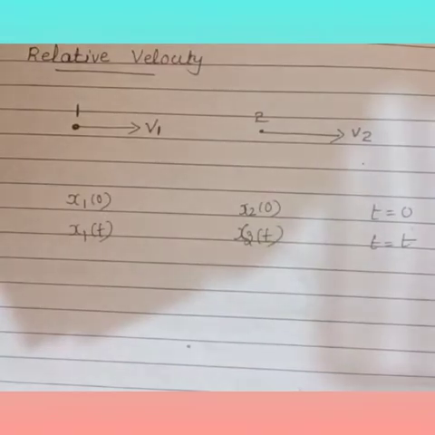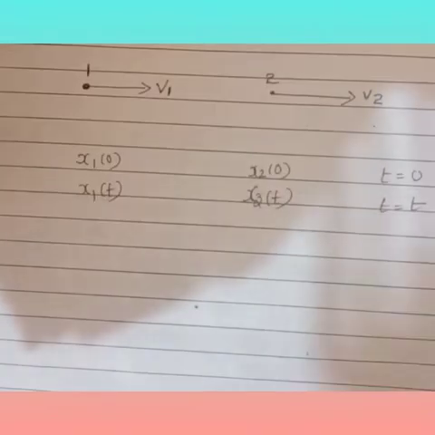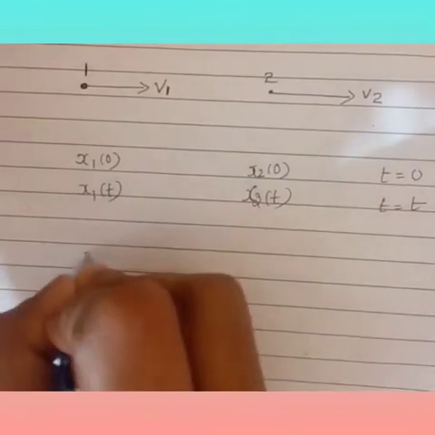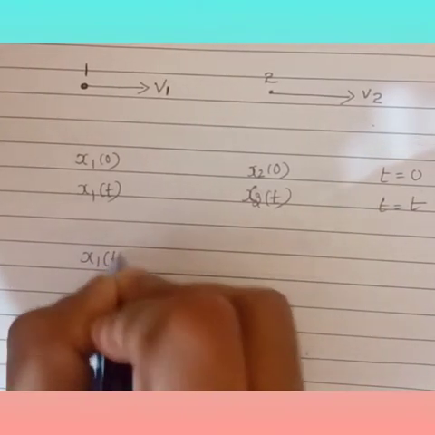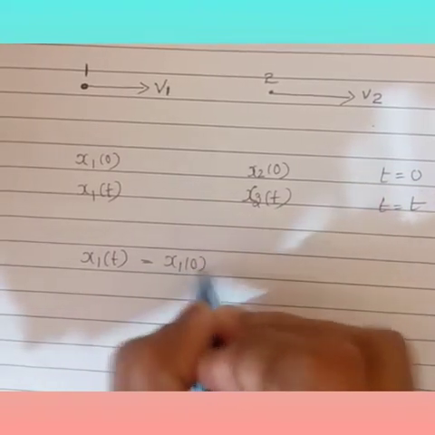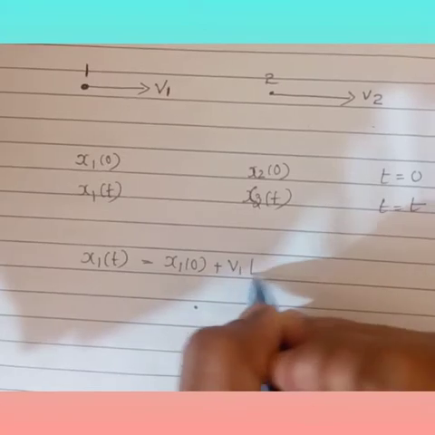First, we find x1 t. The position coordinate x1 t is equal to x1 0 plus v1 t for the first object.